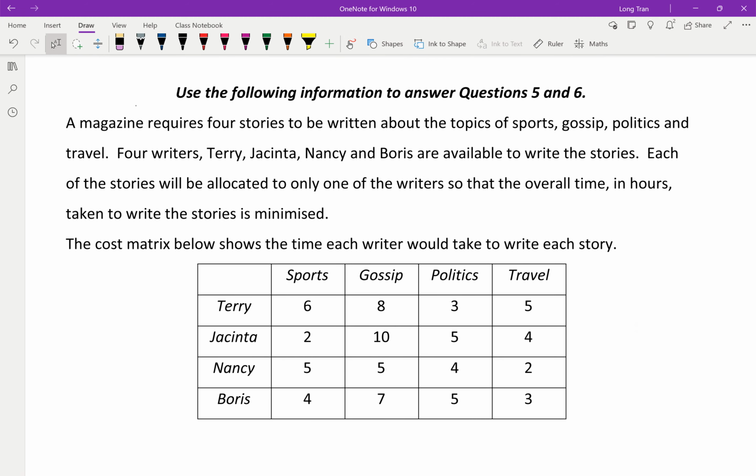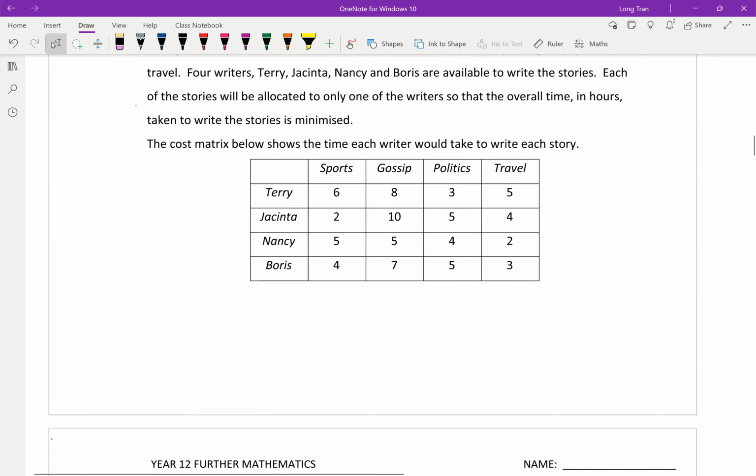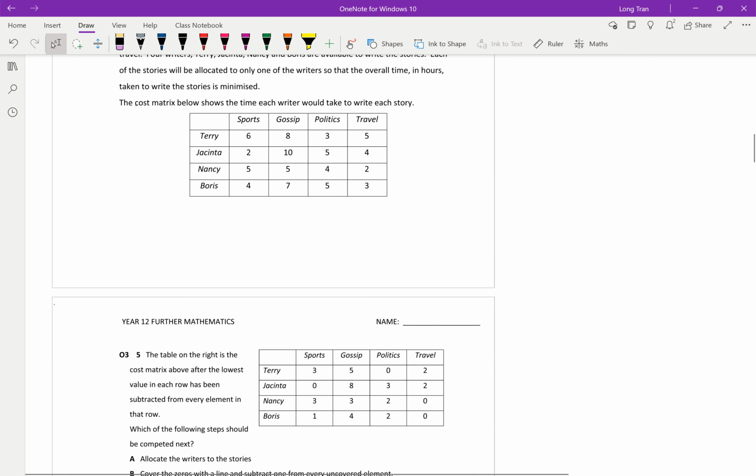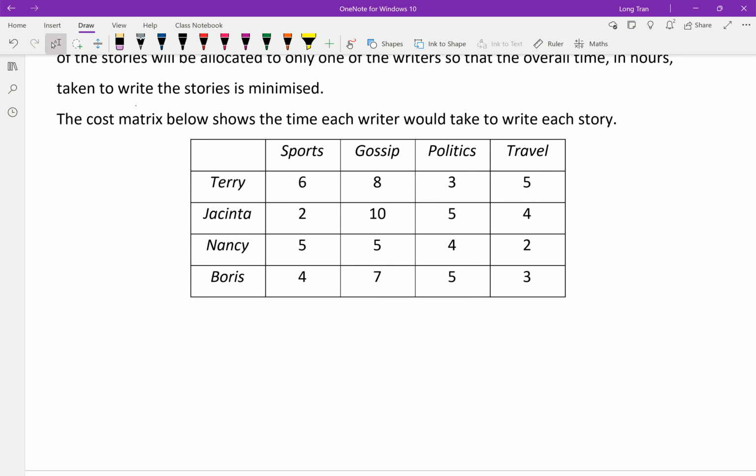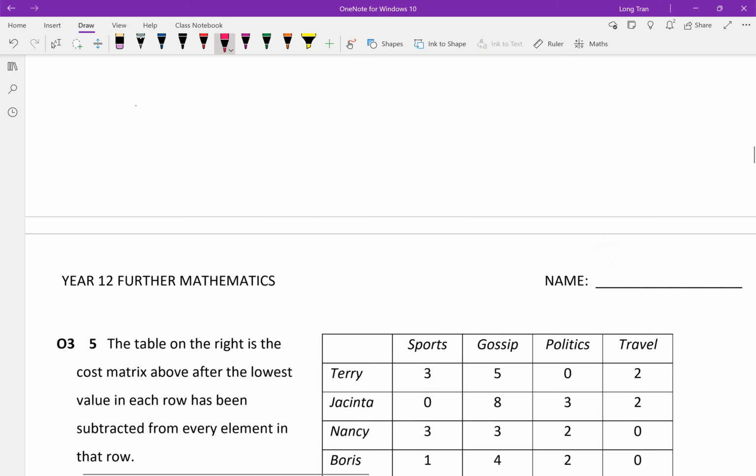Use the following question for 5 and 6. Ooh, this looks like a Hungarian algorithm. Question 5: the table on the right, cost matrix above, after the lowest value in each row. Okay, so remember the Hungarian algorithm. I'm going to write here.